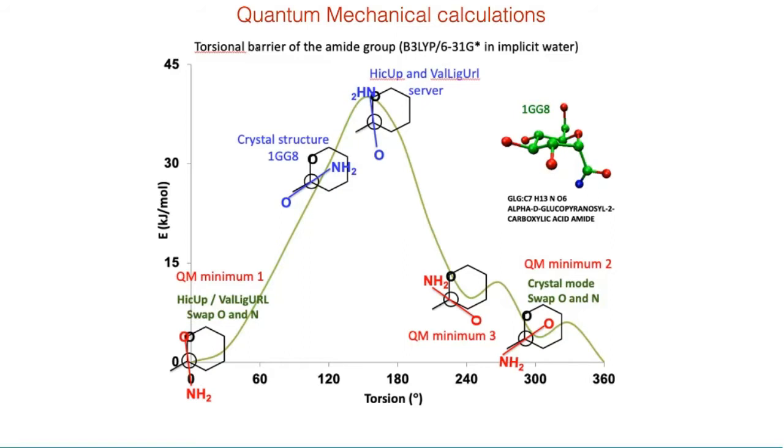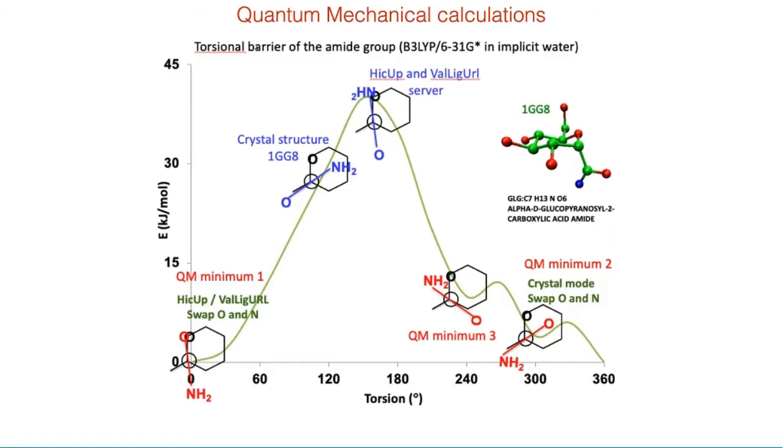Then we took the structure to one of the validation servers available at the time, which is not available anymore, WHAT IF and the Hi-Q. That structure gives the structure sitting at the highest saddle point in the potential energy surface. But one thing we realized is that if we take these structures and just swap oxygen with nitrogen, we actually do find a minimum.